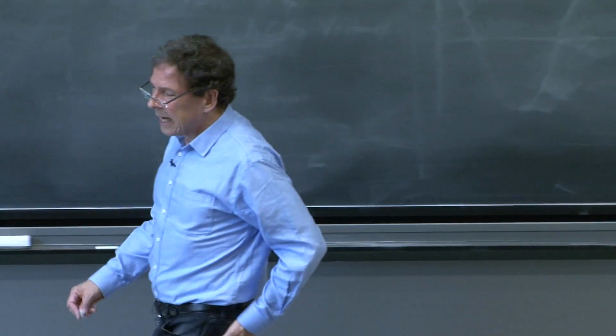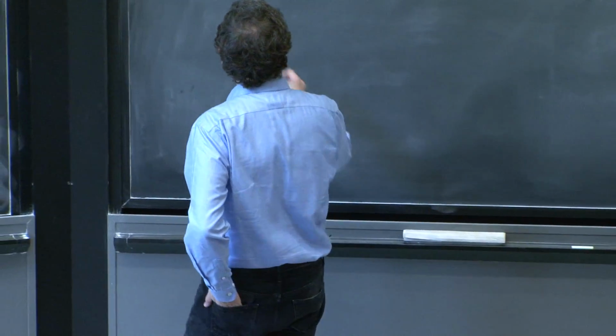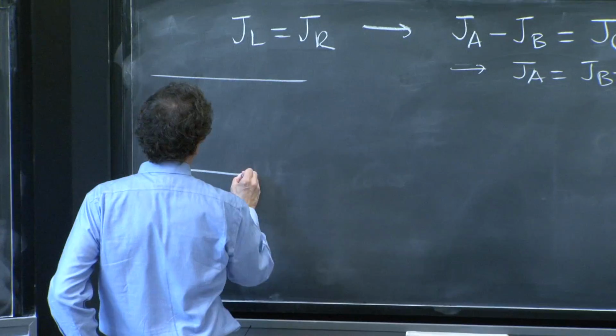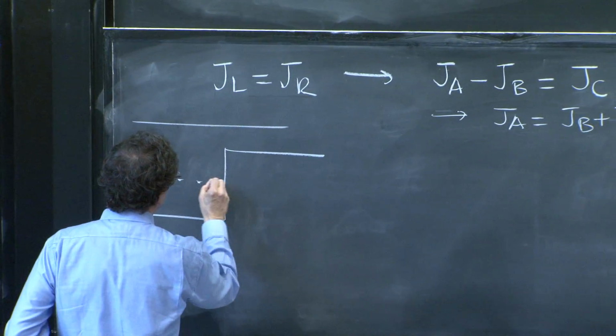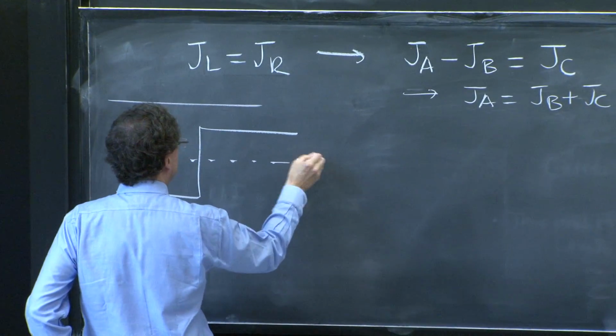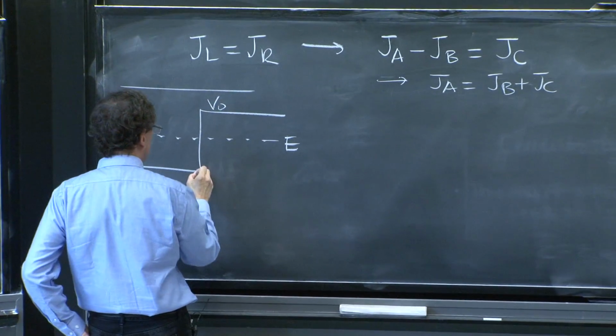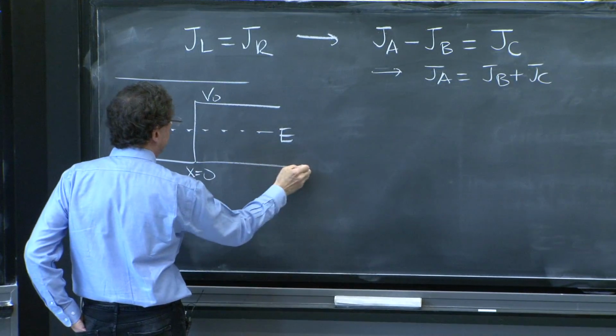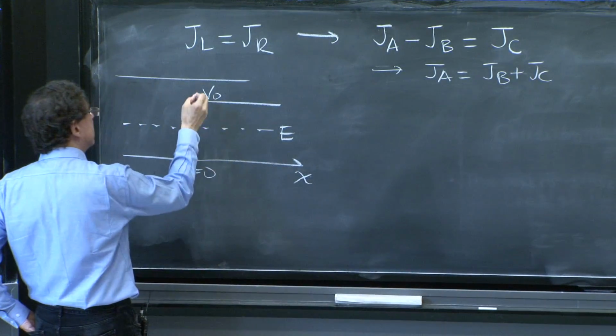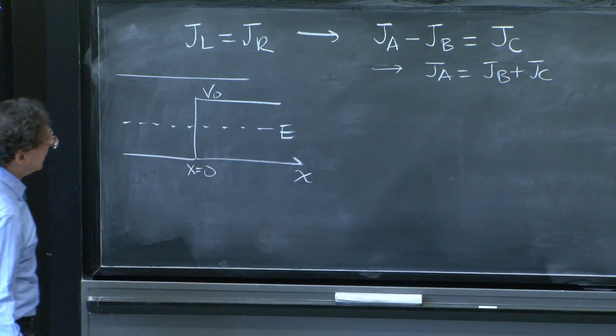Let's do E less than V naught. So we're back here, and now we have the energy E. Here is V naught. There's x equals 0, x-axis, and that's the situation.